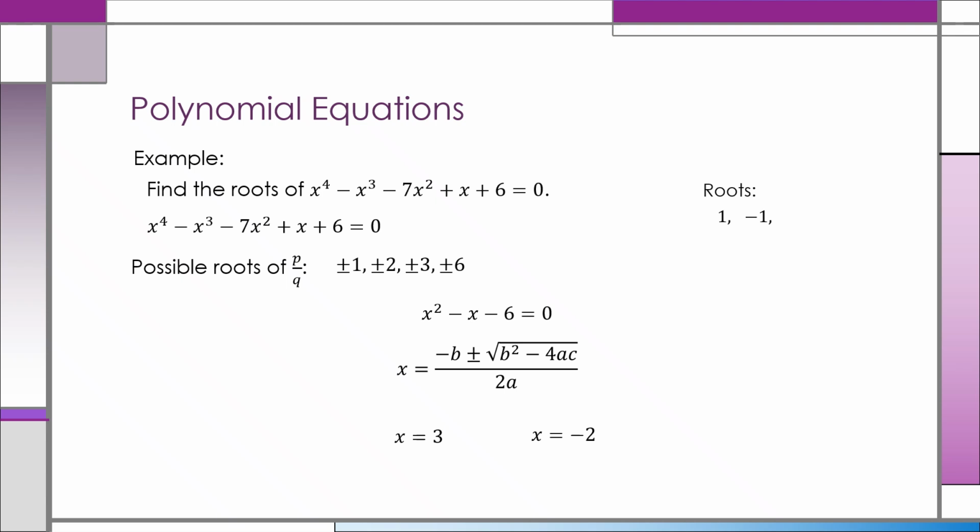And will be listed on this part. So, therefore, the roots of this given polynomial equation, x raised to 4 minus x cubed minus 7x squared plus x plus 6 equals to 0 are negative 1, 1, 3, and negative 2.